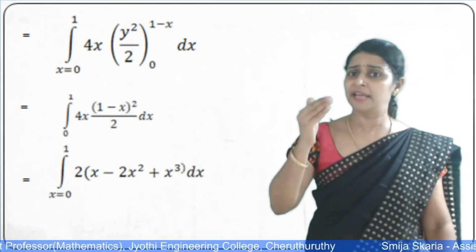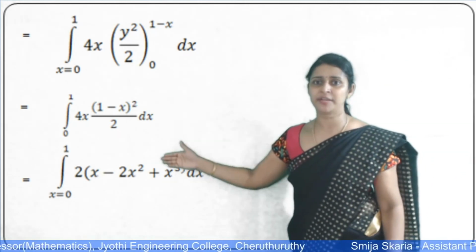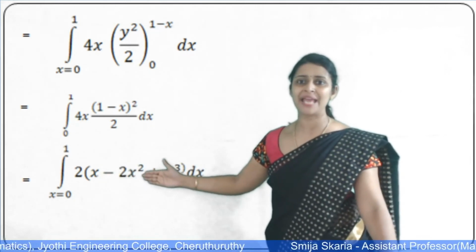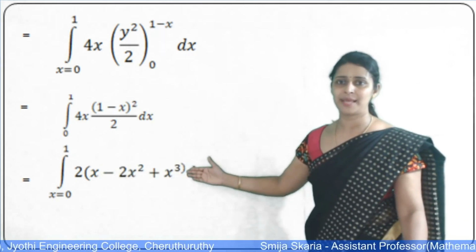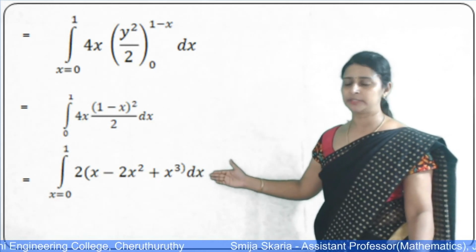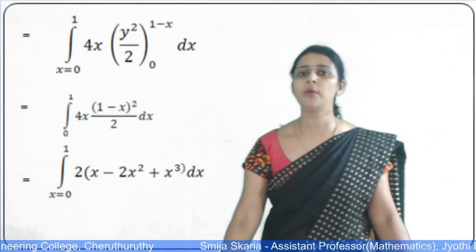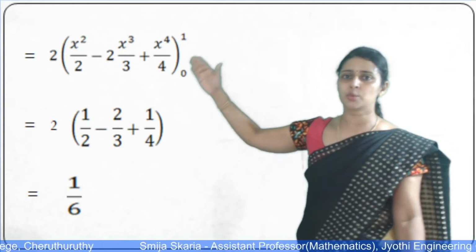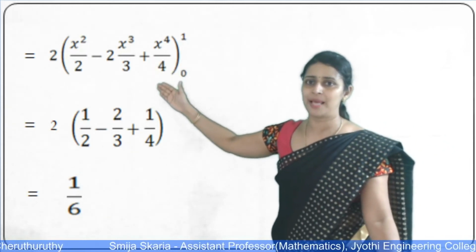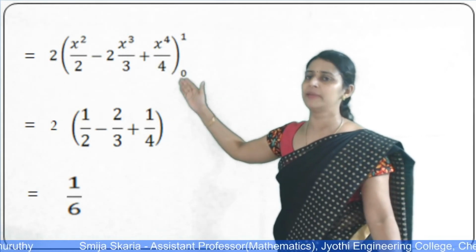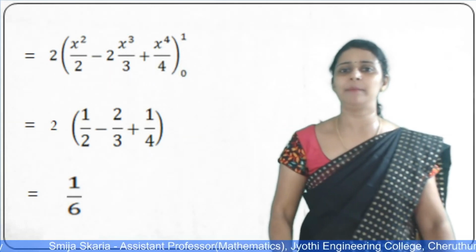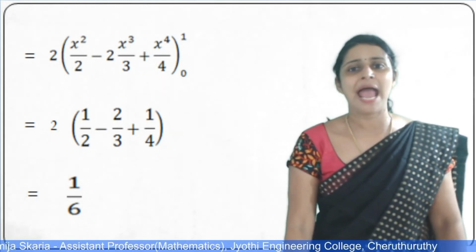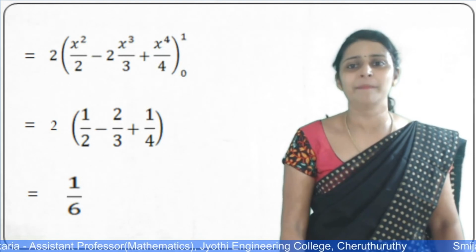Now expanding and simplifying, we get the integral, x varies from 0 to 1, of 2 into (x minus 2x square plus x cube) dx. Now integrating with respect to x, we get 2 into (x square by 2, minus 2x cube by 3, plus x raised to 4 by 4) within the limit 0 to 1. And applying the limit, we get 2 into (1 by 2 minus 2 by 3 plus 1 by 4), and simplifying, we get the answer as 1 by 6.